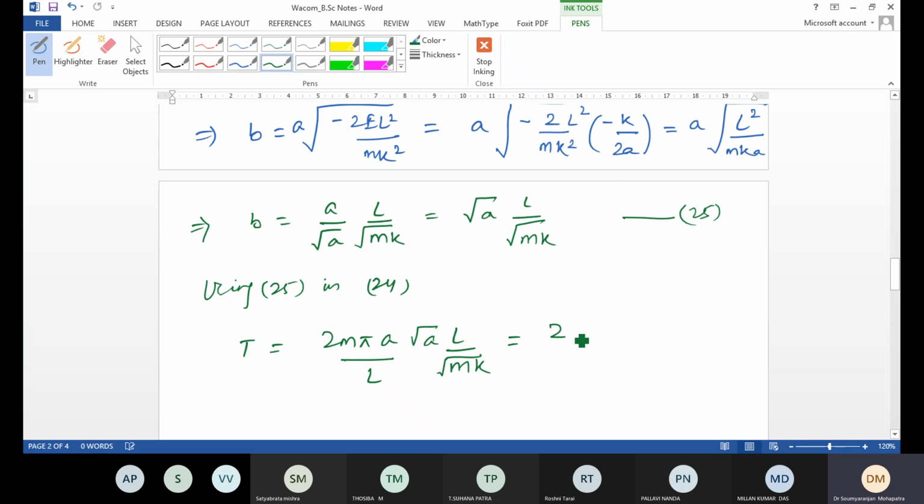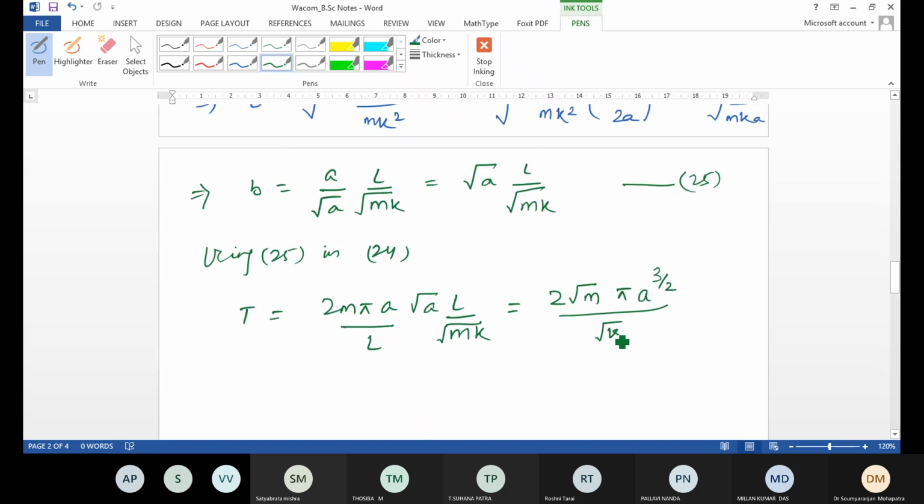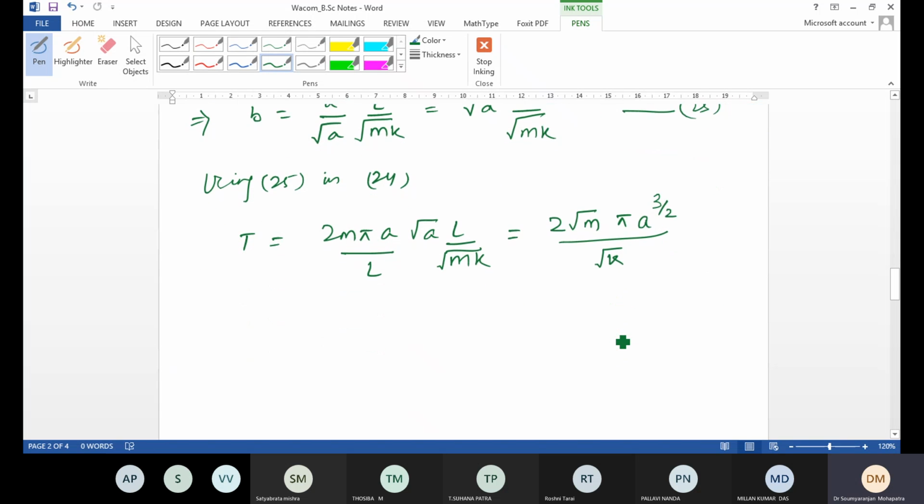So you will have 2 root over of M pi A to the power 3 by 2 whole divided by root over of K. As we know from the law, we need T square and A cube, so it is clearly visible what you have to do. Simply do the squaring.